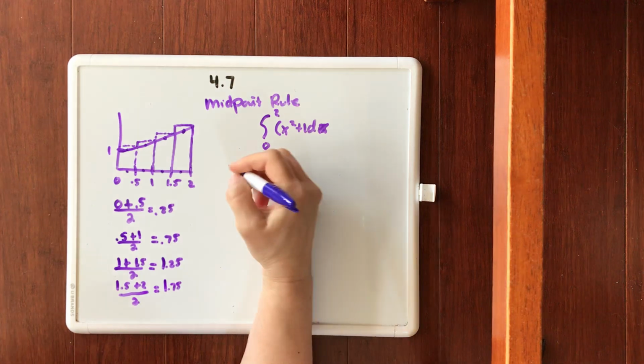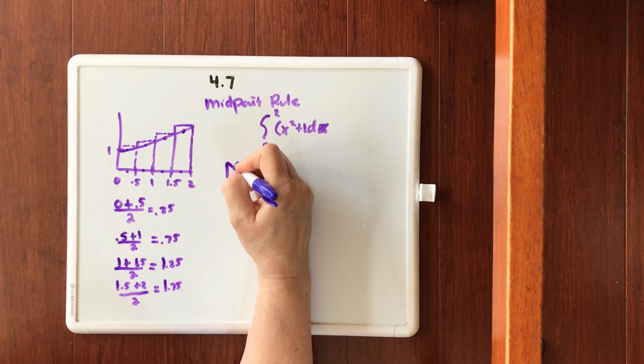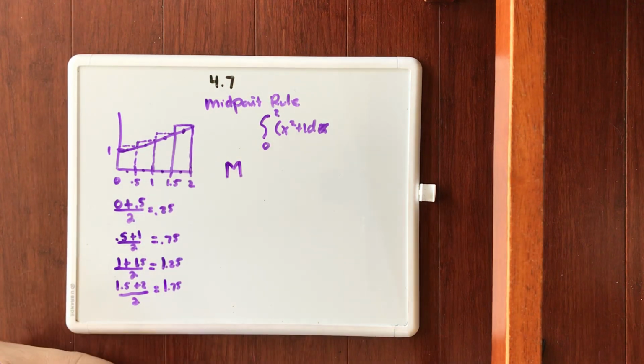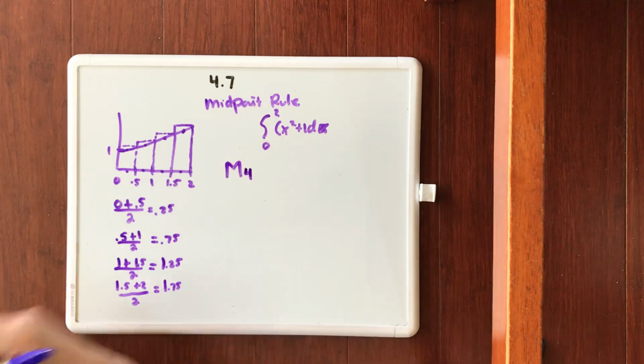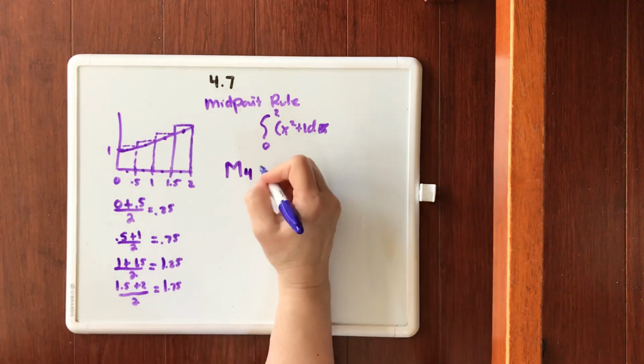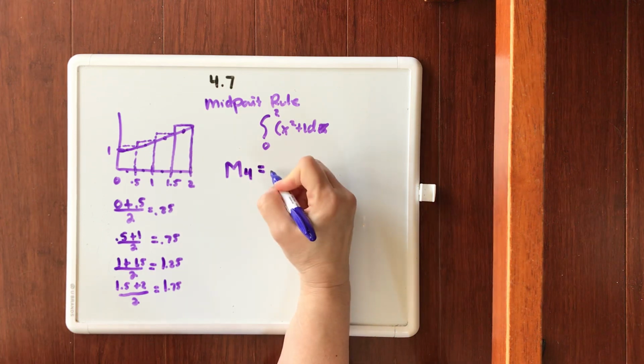Instead of using an L for the left or an R for the right, we're going to use an M for the midpoint, and we're going to split it up into 4 equal subdivisions, just like we have done. So we know our delta x is going to be 0.5.